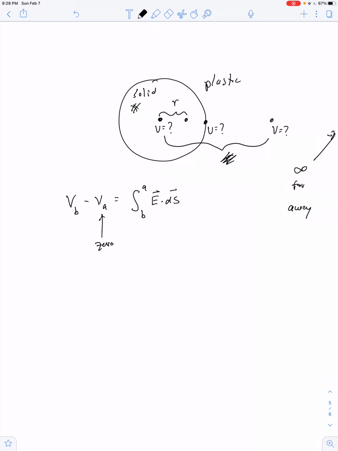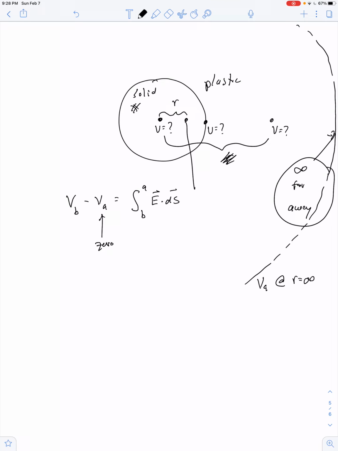So we might say, let's let V equal 0 infinitely far away. So for us, A would represent a really big radius equipotential surface. Obviously, I can't draw the one that represents infinitely far away. You get the idea. So we'll say VA is at r equals infinity.